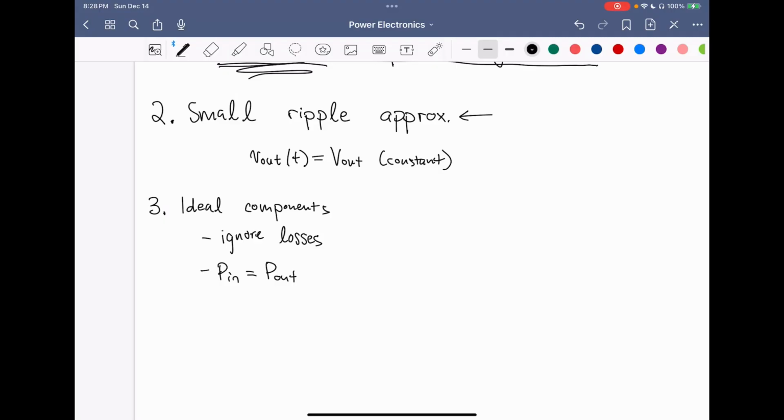And what that means is we don't have any losses, and therefore we have 100% efficiency. As we'll later see in more advanced analyses, we will add in these lossy components to examine the efficiency more accurately.